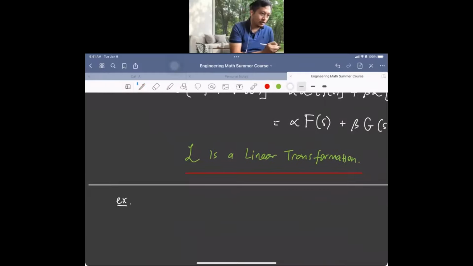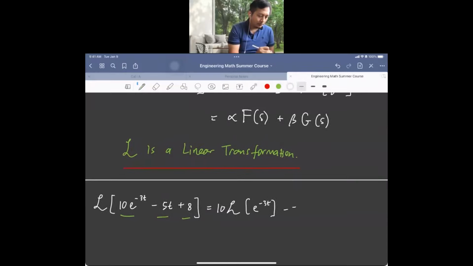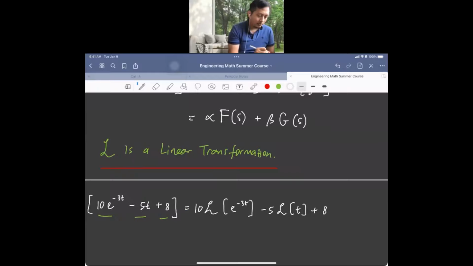So when you have Laplace, for example, let me give you an example here. Laplace of 10 e to the negative 3t minus 5t plus 8. We can take each function with each Laplace. So we can write this as 10 Laplace of e to the negative 3t minus 5 Laplace of t plus 8 Laplace of 1.